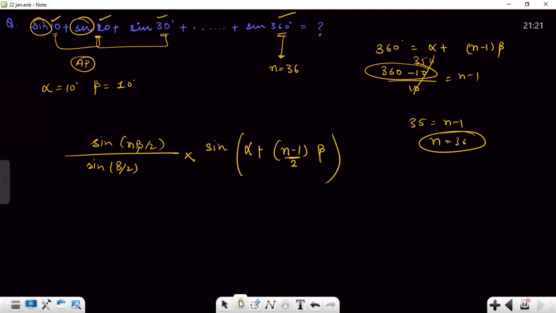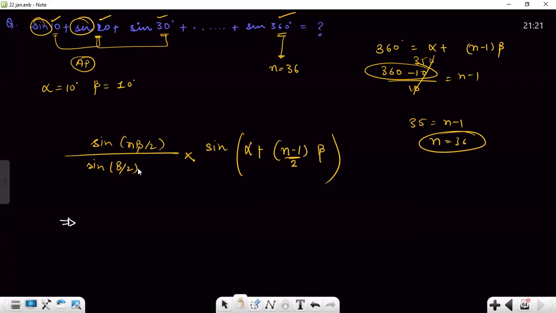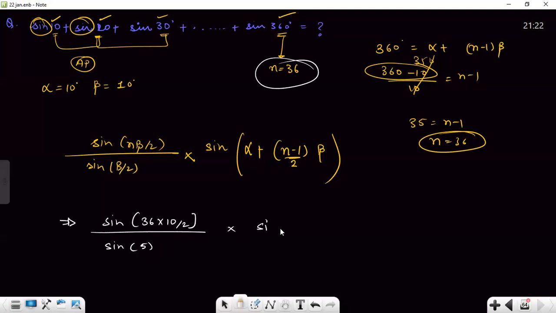This was the formula. Let's apply the same. n is 36, beta is 10, divided by 2, divided by sine of beta by 2. Beta is 10, basically 5 degrees, times sine of alpha, which is 10, plus n minus 1, which is 35, divided by 2 into 10.